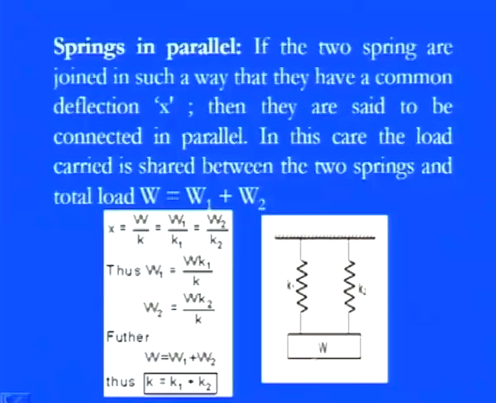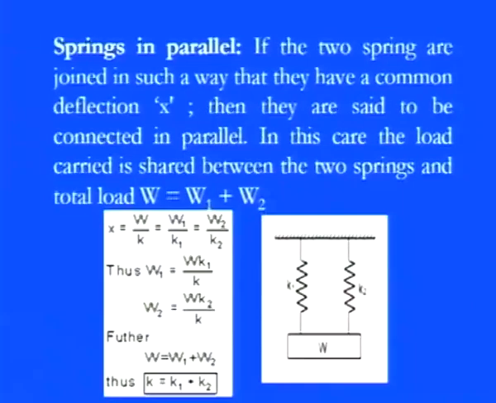So W equals W1 in this spring plus W2 in this spring, and the total deflection x is W by K. Keeping those values, the resultant spring stiffness is the linear sum of the two spring stiffnesses, so K equals K1 plus K2.